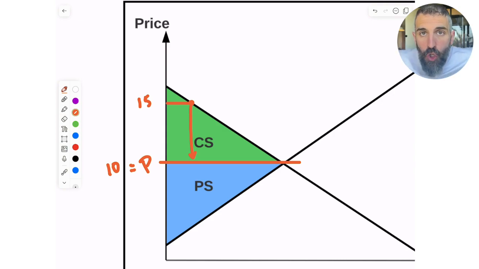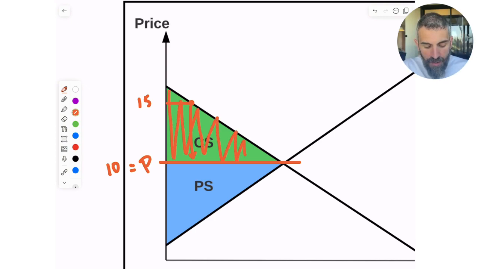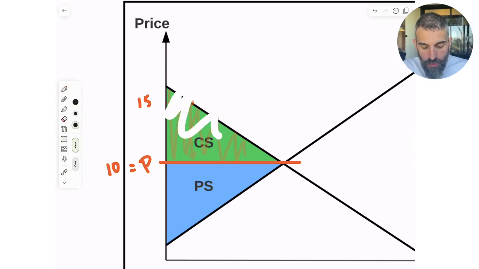It's basically the total benefit that you get at the current price. So if you're willing to pay 15, but you get to pay 10, your consumer surplus is 5, right? The difference. And if you were to take every single consumer, you would end up with this entire area. This entire area represents the total consumer surplus at the equilibrium point.